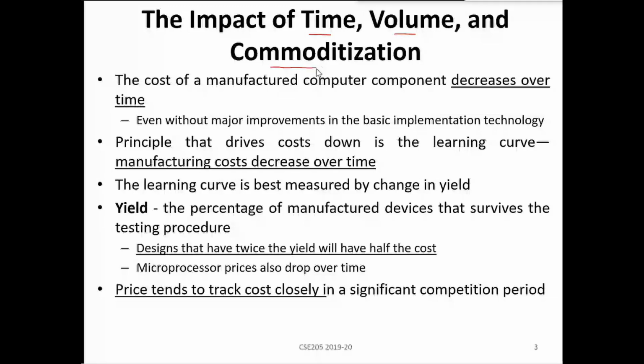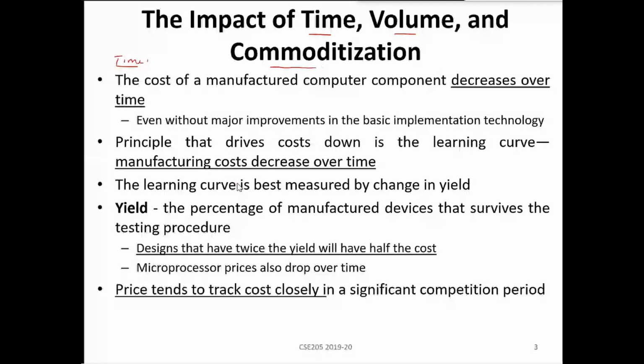Whenever we are manufacturing a computer, the cost of the computer component decreases over time. Suppose 10 years back you implemented some technology, and the same component, if you try to sell it after 10 years, definitely the price will have decreased.